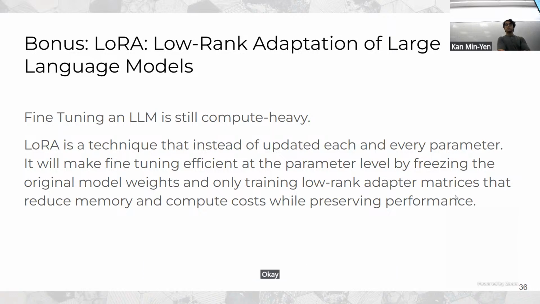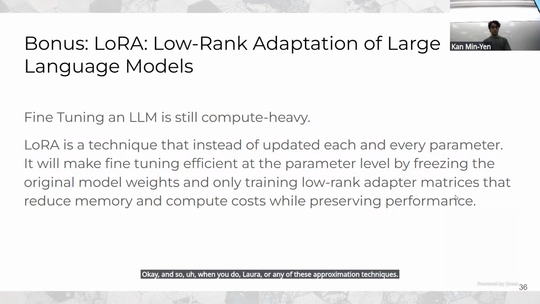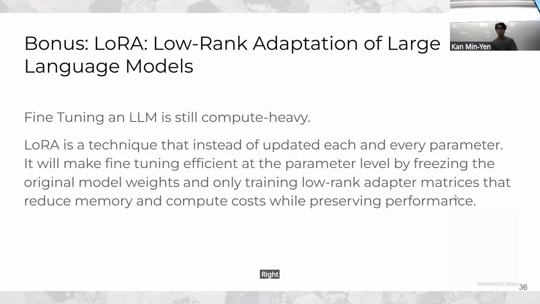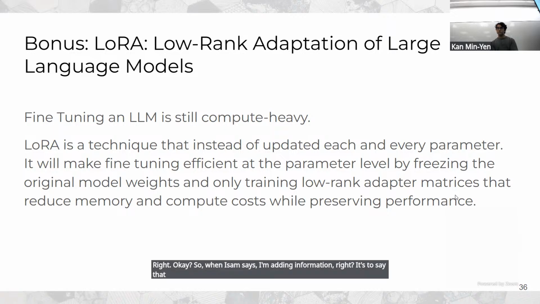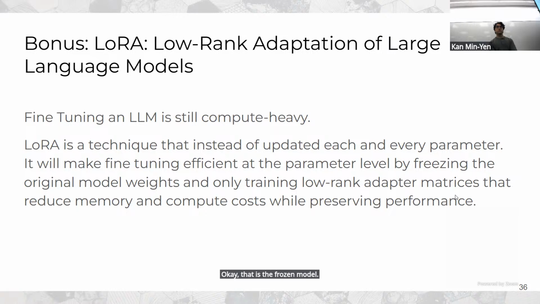Okay, and so when you do LoRA or any of these approximation techniques, it is basically trying to approximate the full grid of information with less, right? So when Yisong says I'm adding information, it's to say that I already have a full matrix. That is the frozen model of a foundation model.